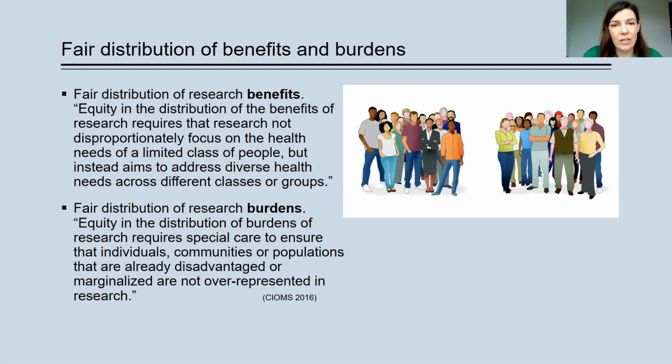So often outsourcing research from rich countries to low and middle income countries means the research can be conducted more quickly. The problem, however, is that if those populations are not likely to benefit from the research long term, that could be an unjust distribution of the burdens of research.